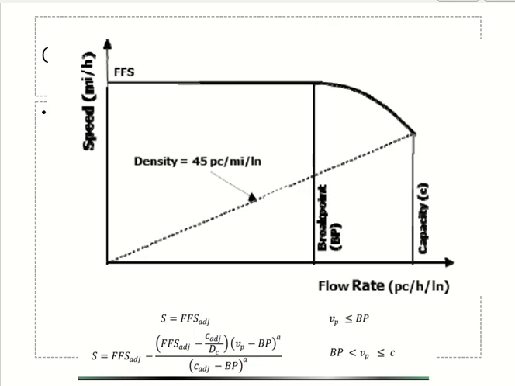So I have free flow speed, I go up to the breakpoint, and the next point is the end of the curve, which is capacity. The y value at this point will come from this equation, which I am calling critical speed.